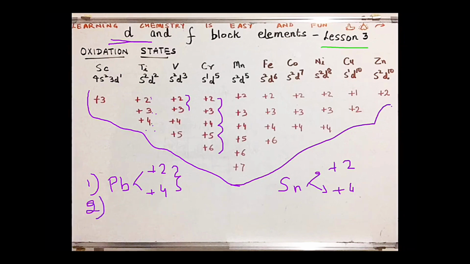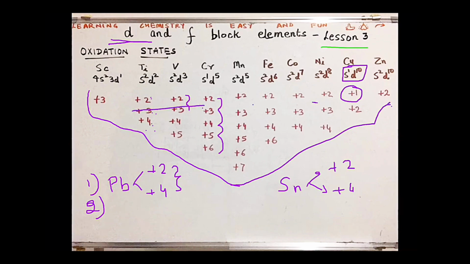Second, oxidation state +1 is shown only by copper. Very easy to explain because it has S1D10 configuration, so it is able to lose only one electron so that the stability of D10 configuration is not disturbed. +2 is shown by maximum D block elements, right?